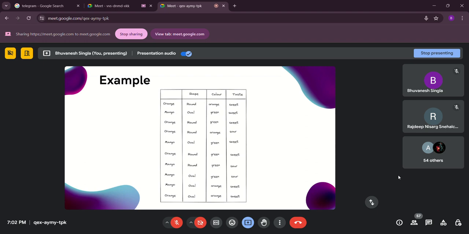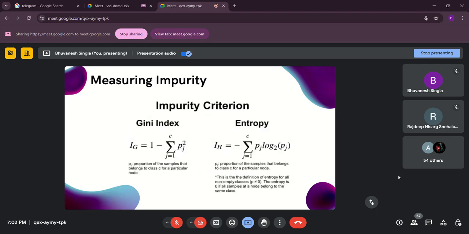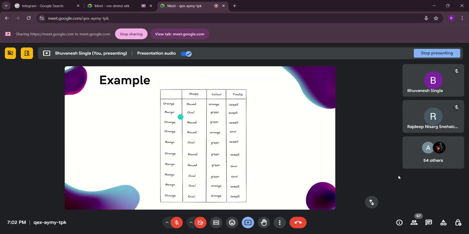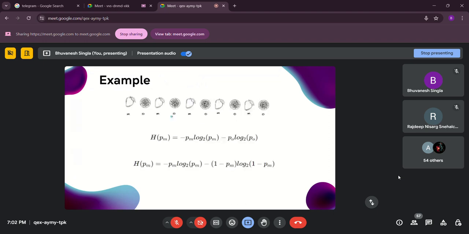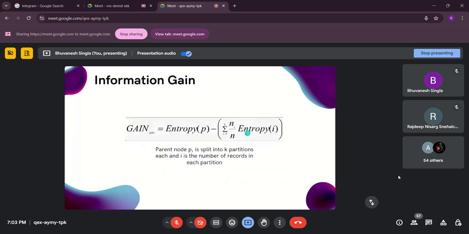So let's look at an example. Let's say you have a data set of fruits based on their shape, color, and taste, and you want to classify them into oranges or mangoes. What you do first is calculate the entropy at the root itself. This is the formula of entropy that we saw here, a summation over each class of probability times log of the probability.